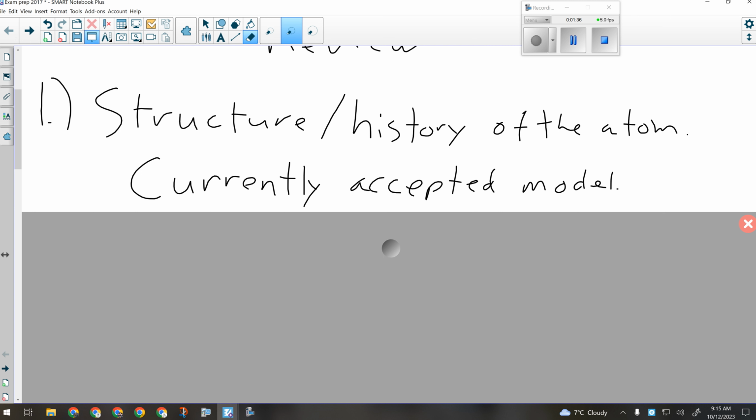So if I say that you need to draw a picture of sodium, you need to make sure you put in the right number of protons, the right number of neutrons, the right number of electrons, and put everything in the right place according to our currently accepted model of the atom. It's a 5-mark question.